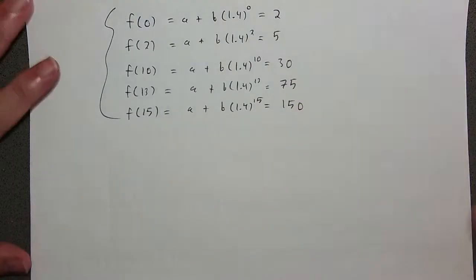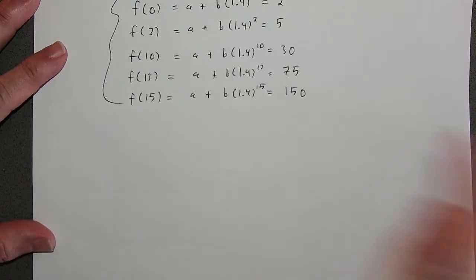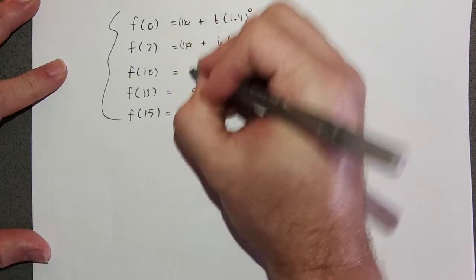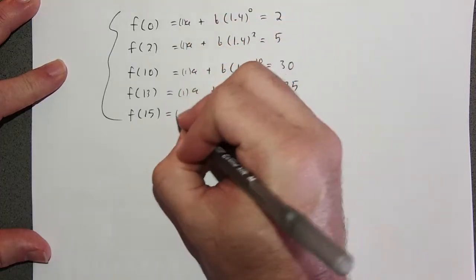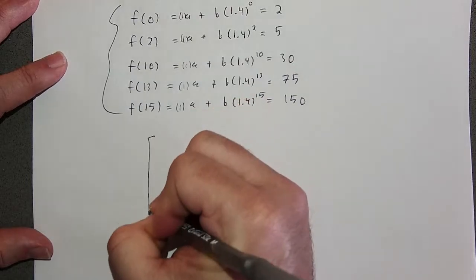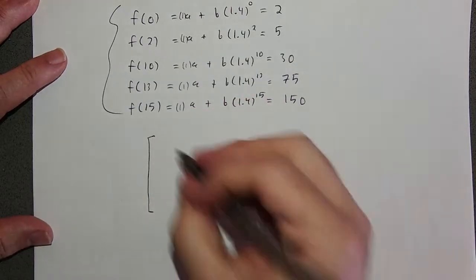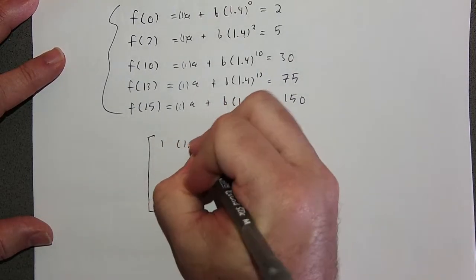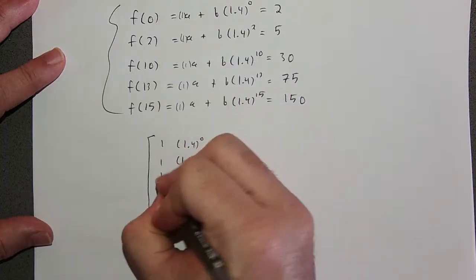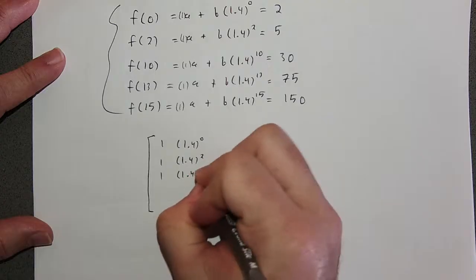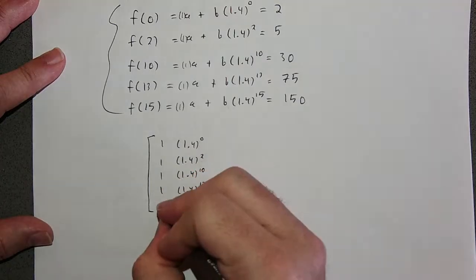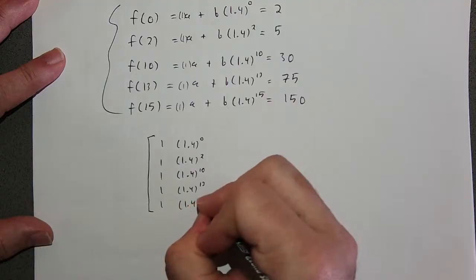So what would the corresponding matrix equation look like? So these a's, of course, are all multiplying 1, the way that we've written this. So this would then be the following. So this would be 1, 1.4 to the 0, 1, 1.4 squared, 1, 1.4 to the 10, 1, 1.4 to the 13, and then lastly 1 and 1.4 to the 15.